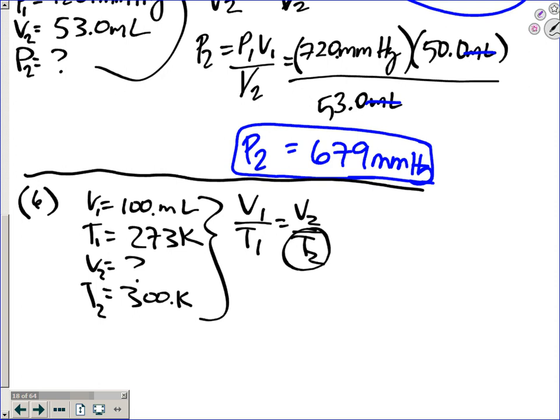Well, then T2 is still on the bottom. If you multiply both sides by T2, this would cancel, and then what would you have to do if I still want you to isolate T2? Then you'd have to divide by V1 and multiply by T1, right?